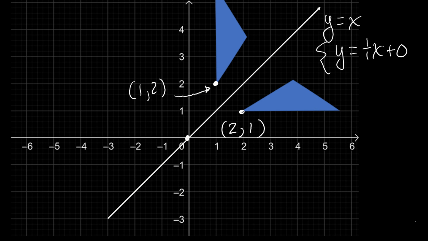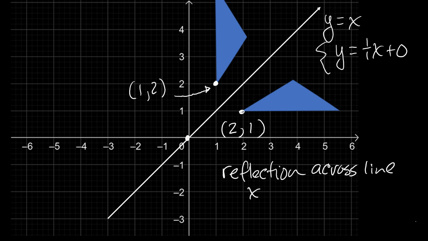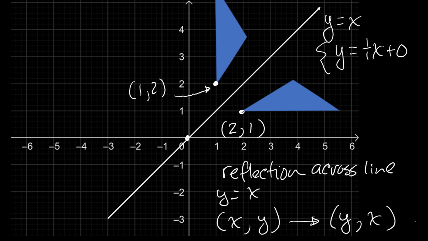So if we want a reflection across the line y equals x, any xy point is going to be mapped to a point where x becomes the y value and y becomes the x value.